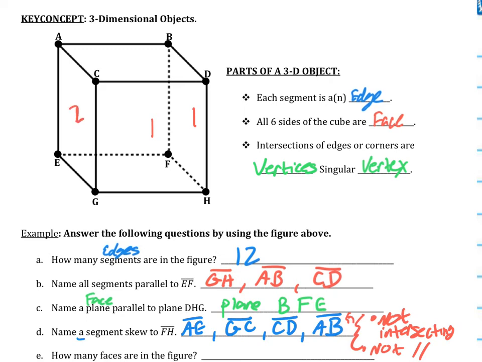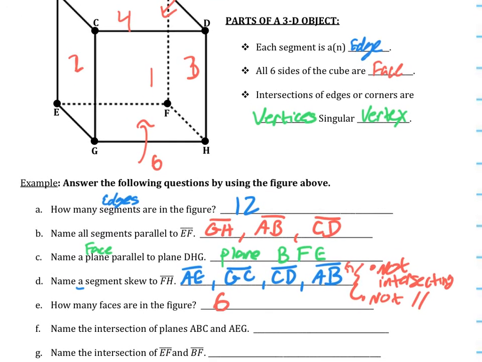So I can actually count those: 1, 2, now we're at 3. One on the back, 4. Then we got one on the top, 5. And one on the bottom, 6. Okay, so don't forget about your hidden faces, the ones that are behind the figure that we don't necessarily see.